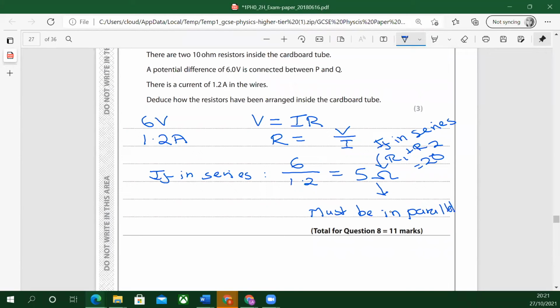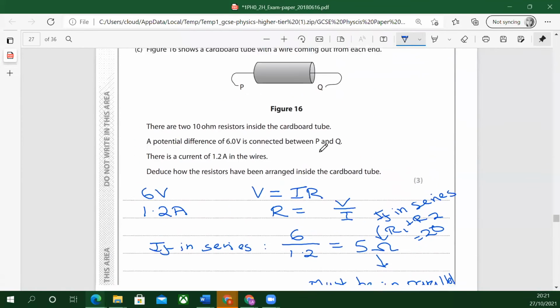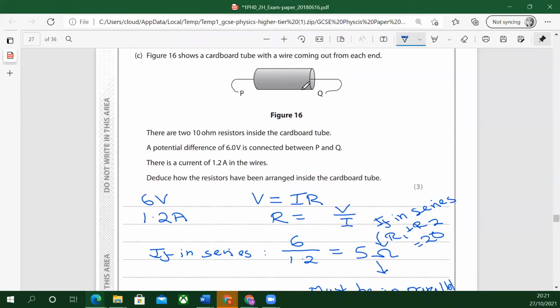If you get a resistance that's less than the actual amount, for example if they're 10 ohms, you get a resistance that's less than both of those, it must be in parallel. Obviously, if they're inside the tube, you don't know how they're arranged. If they were in series, you'd get a 20 ohm resistance. But if we get an actual resistance that's less than both of those, it must be in parallel.